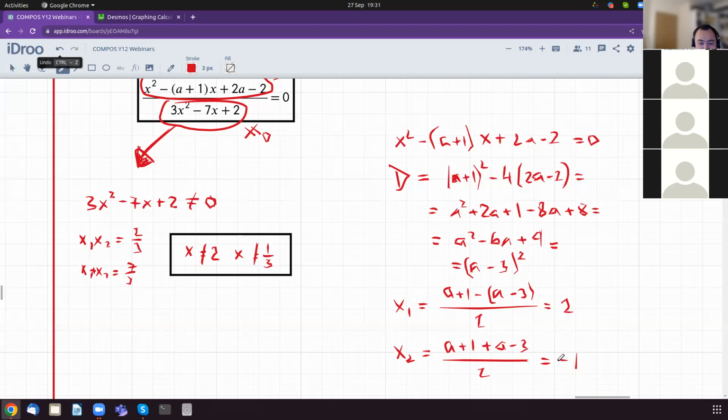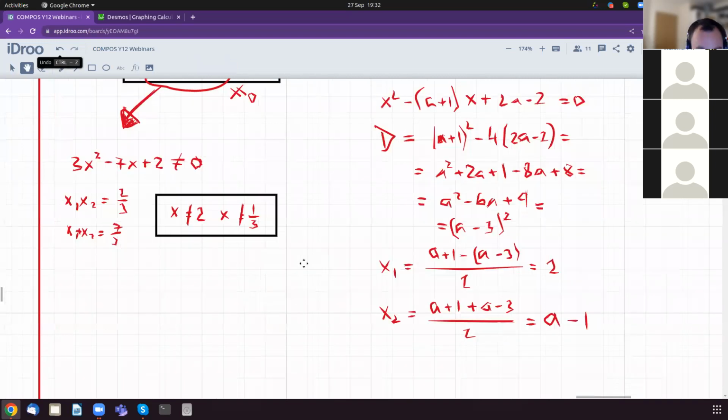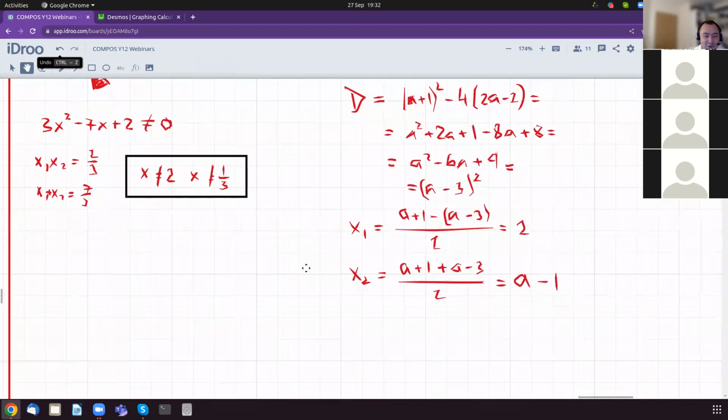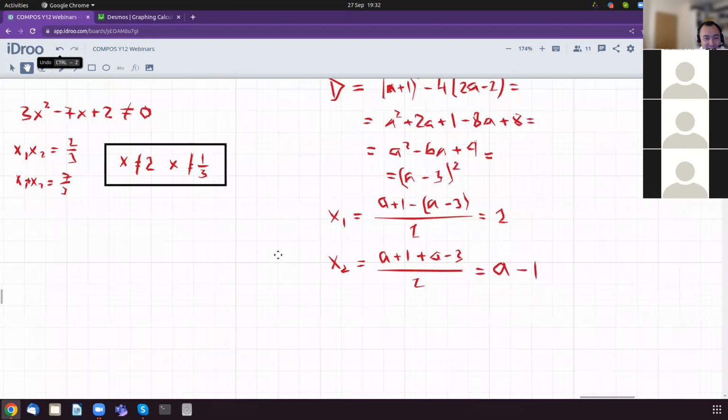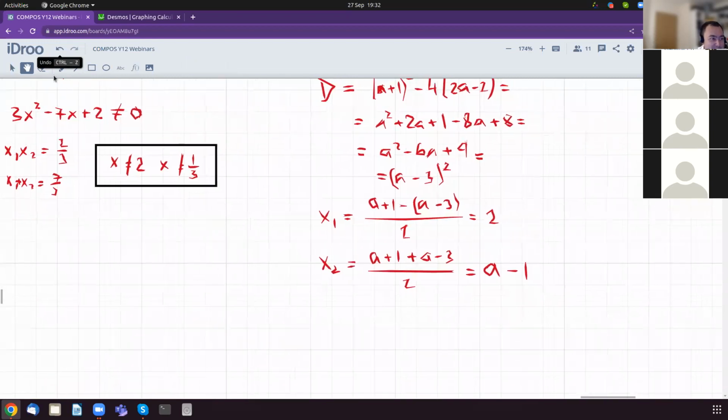Sorry, 2a. So it's a minus 1. Okay, yes, that makes more sense. a minus 1. Now, it says the first solution is 2, but x is not equal to 2.